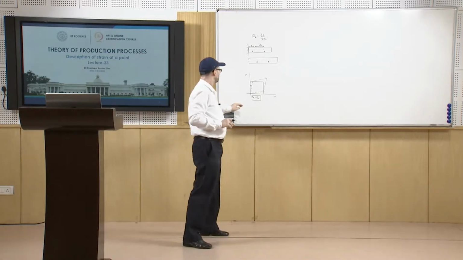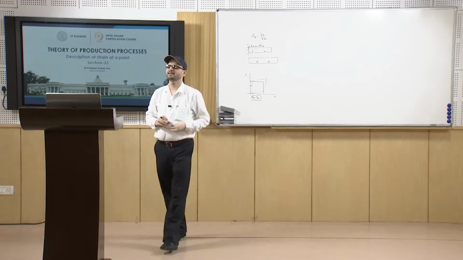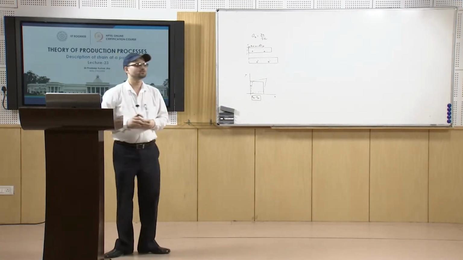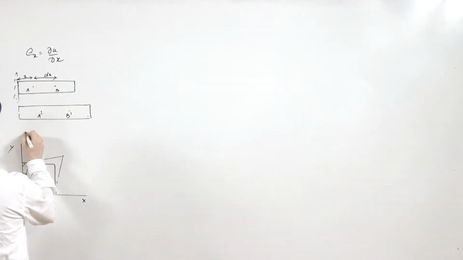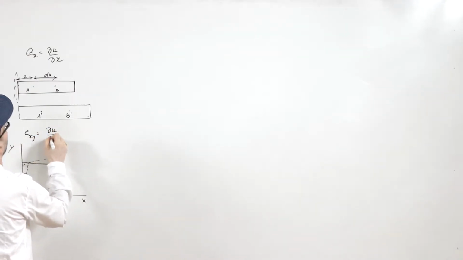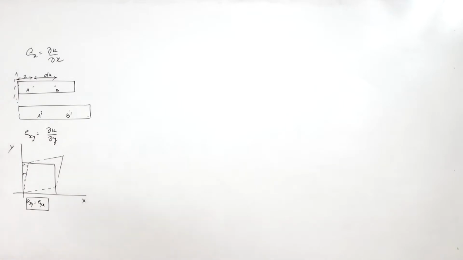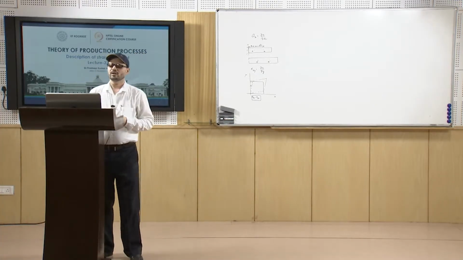Here we get Exy as ∂u/∂y, because that multiplied with delta y gives you the displacement component u. This way you define these strains.